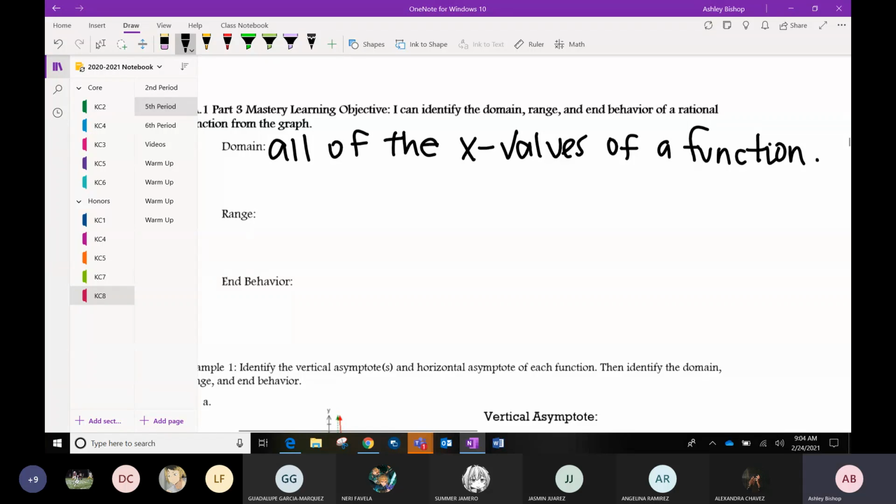All right, all of the x values. Again, the main idea is x values. I try to get this through to you guys. It's got to be the x values, okay? And with the domain, we just think of it as the leftmost point. What's going on the left side of the graph, comma, what's going on to the right side of the graph. Okay?